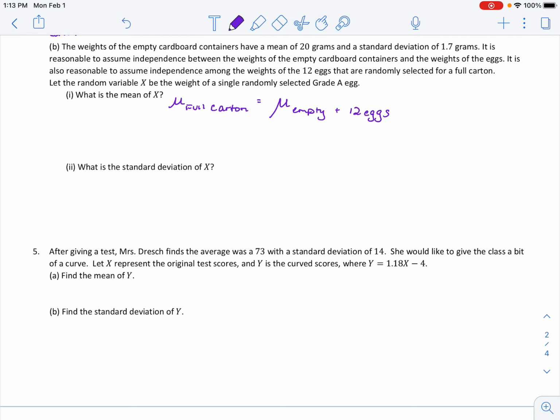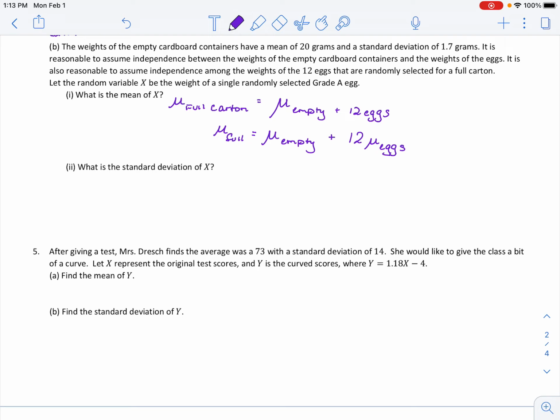I mean the empty container with the eggs in it. So I can say that the mean of my full container, because I'm allowed to add averages, is just the sum of the empty container, and because I'm allowed to multiply, 12 times the average of just the eggs.